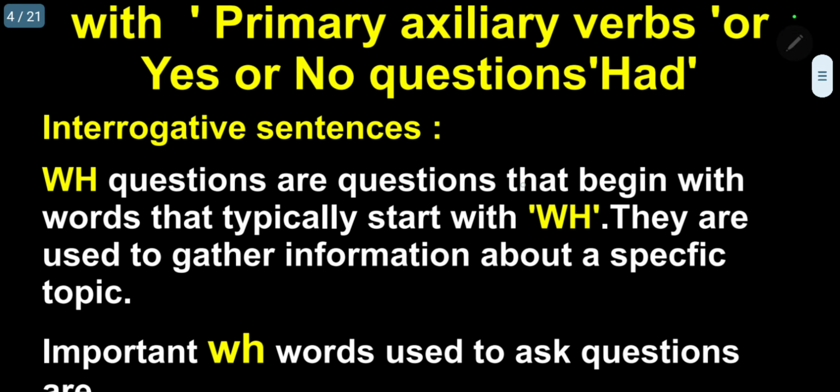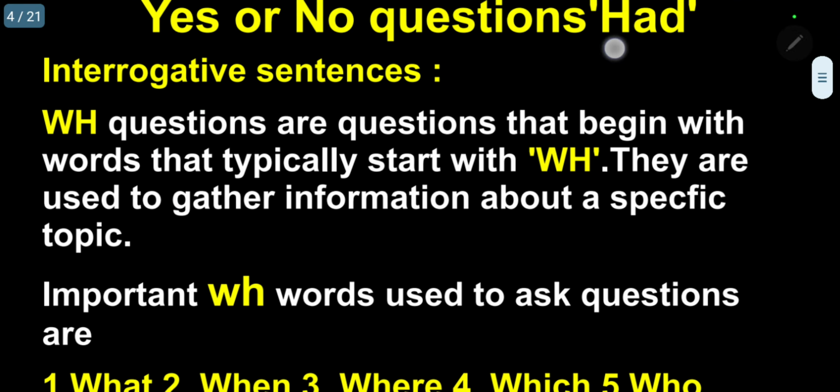Okay. Under interrogative sentences, I want to give one piece of information. WH questions are questions that begin with words that typically start with WH. They are used to gather information about a specific topic.